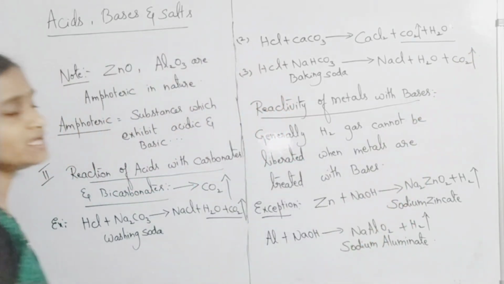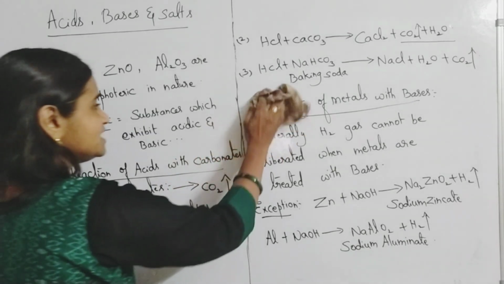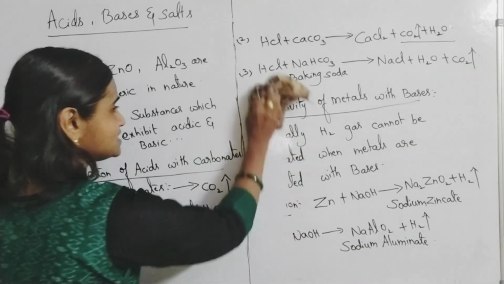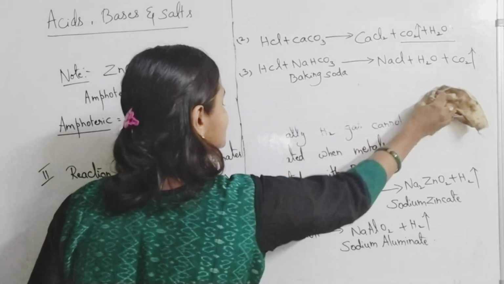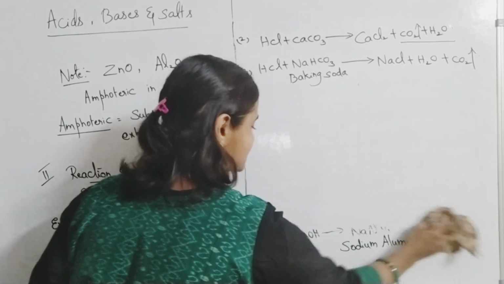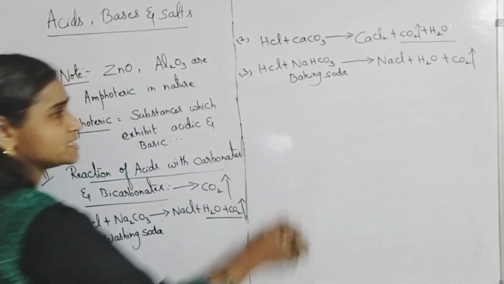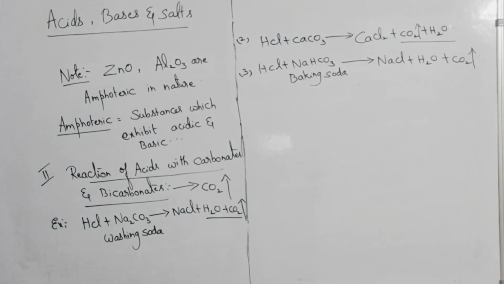Carbon dioxide will be liberated. So generally, acids react with carbonate salts to give carbon dioxide gas. Acids react with metals to give hydrogen gas. Please remember these points.